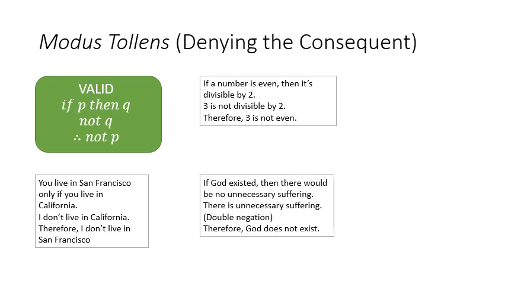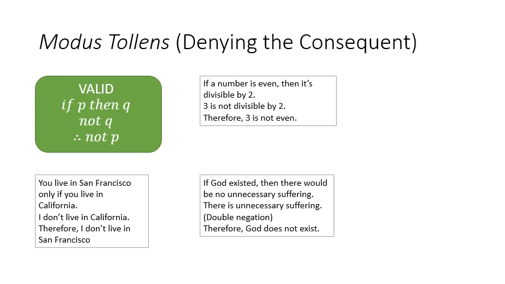And then finally, here's a more philosophically interesting one. This is known as the argument from evil. If God existed, then there would be no unnecessary suffering, but there is unnecessary suffering, therefore God does not exist.